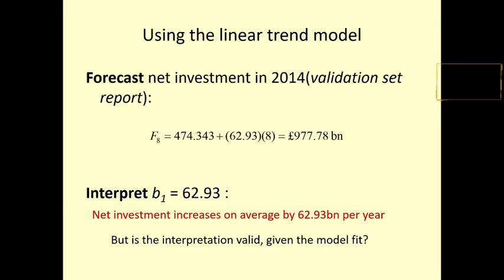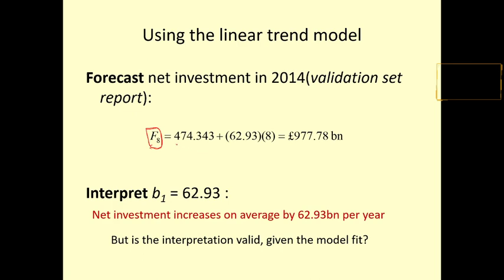Well, I think we can actually carry on with this last bit because we will use model number 2 briefly now. Using the linear trend model, we can find the forecast for net investment in 2024 if we use F8. Remember the data that we had before for FDI, F8 is the forecast that we want to make.